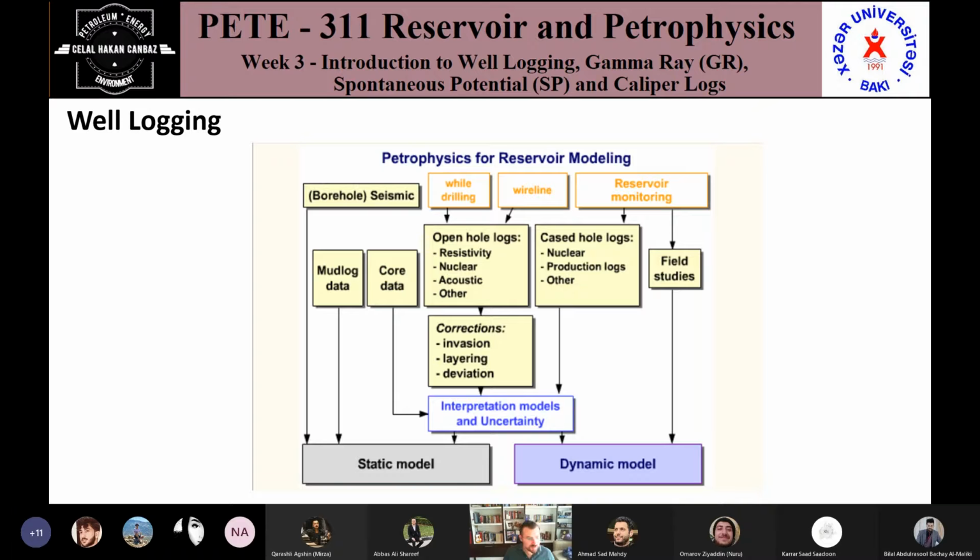The deviation is a very good one, because I know some operations, especially in geothermal wells in Turkey, where they think they are drilling vertically, but they can be deviated 30, 40, up to 50 degrees. So you have to describe the degree of the deviation, and these logs are very essential to describe that as well.